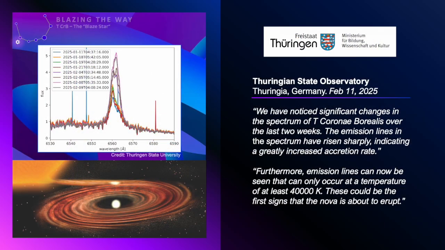"We have noticed significant changes in the spectrum of T Coronae Borealis over the last 2 weeks. The emission lines in the spectra have risen sharply, indicating a greatly increased accretion rate. Furthermore, emission lines can now be seen that only occur at a temperature of at least 40,000 Kelvin. These could be the first signs that the nova is about to erupt."